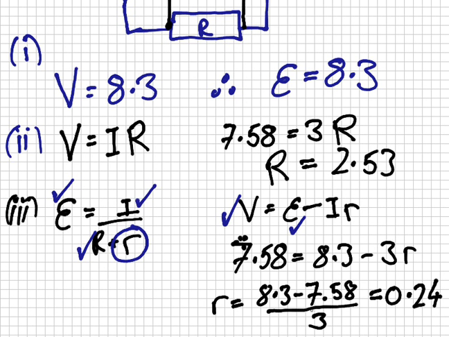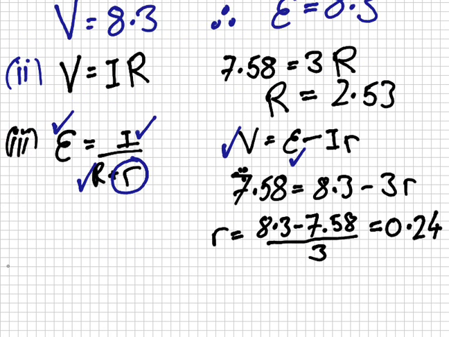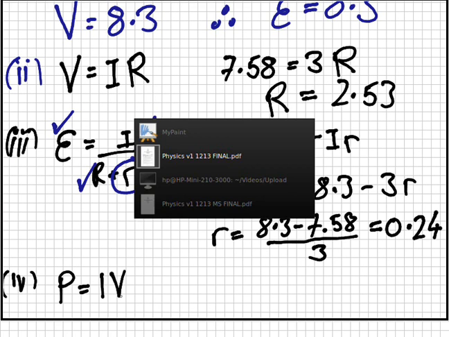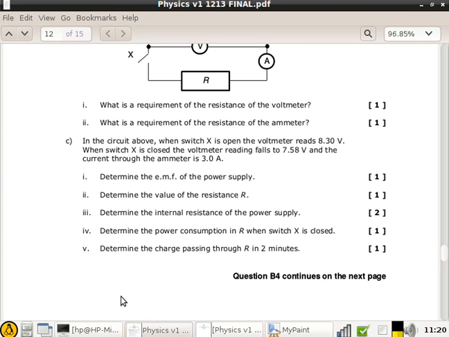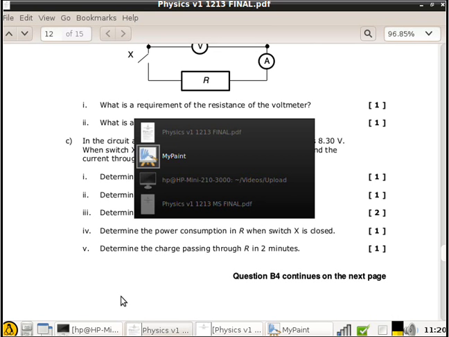Okay, what was the next question asking? What's the power? What's our formula for power? Power equals IV. I need to read the question carefully to see which voltage it is. Determine the power consumption in R when the switch is closed.